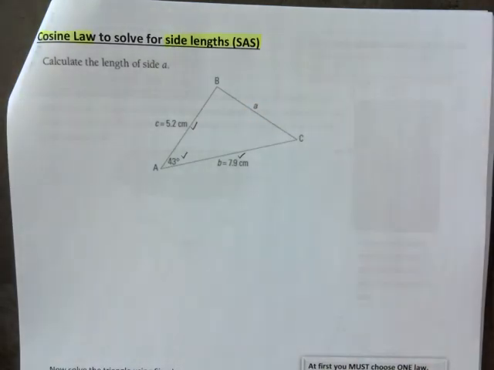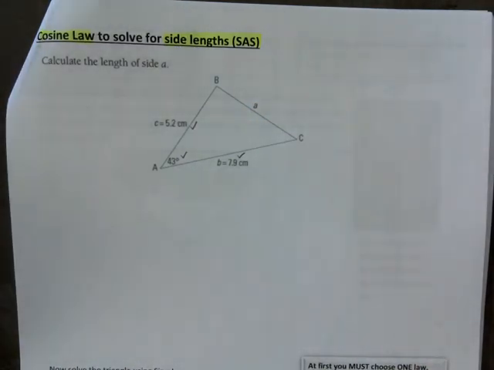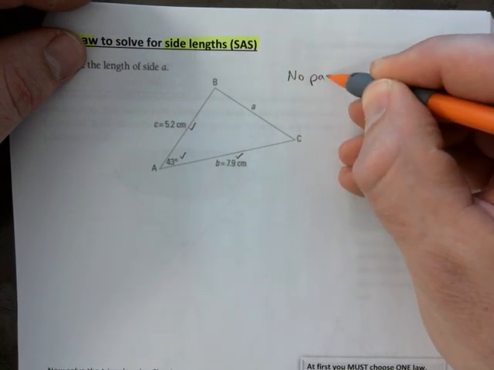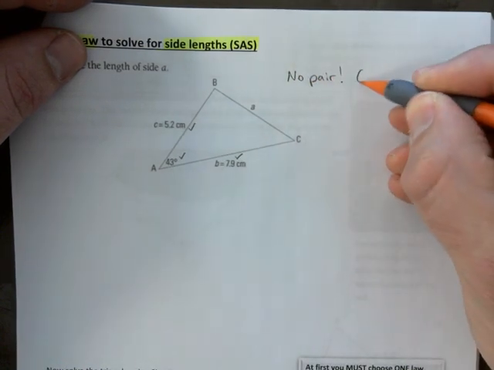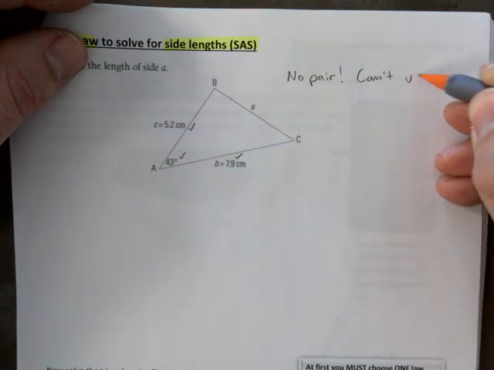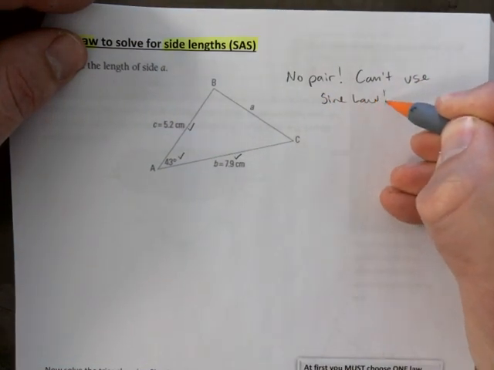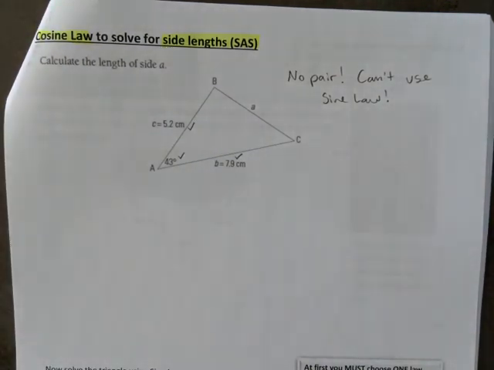You're looking at this triangle right now. You know sine law and cosine law are both an option. I will make a note, there's no pair. Can't use sine law. For some students that's helpful because they rule out sine law here. That's for sure.